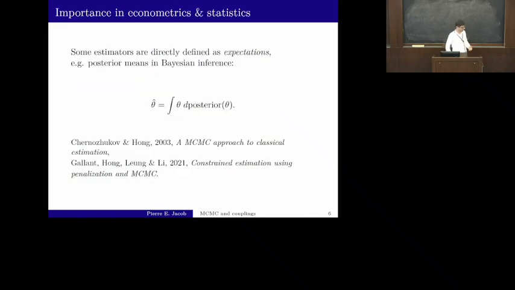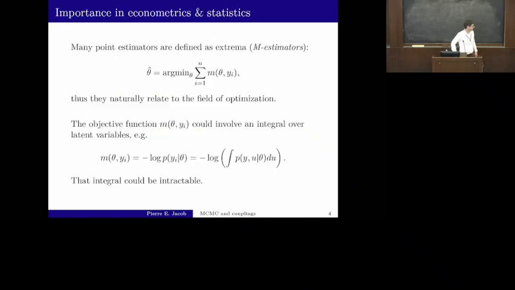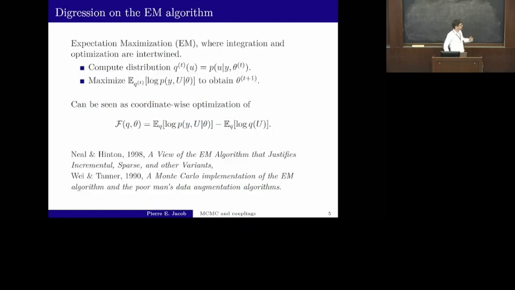Otherwise, you have an integral here, but you solve it, you have just a function of theta, and you maximize that. But sometimes you don't know how to obtain that integral exactly. You don't have an analytic form for it. And so then you resort to, for example, the EM algorithm, which itself, in fact, can be seen as an optimization problem over two components, the parameter theta and a distribution Q, which is a distribution of that latent variable.